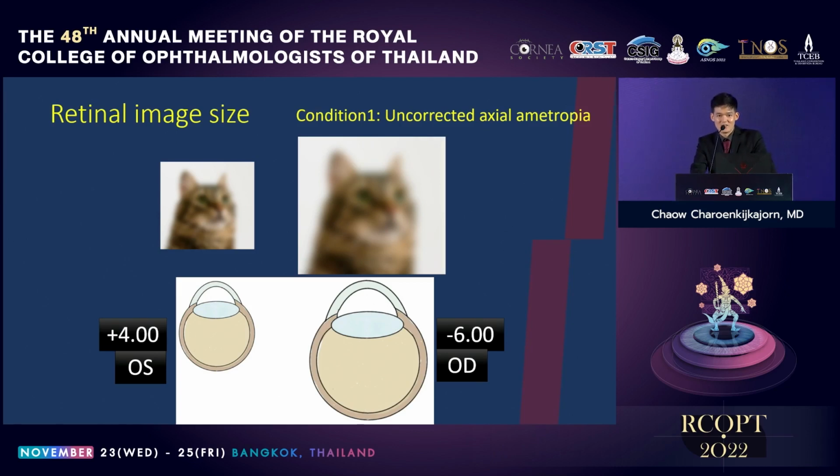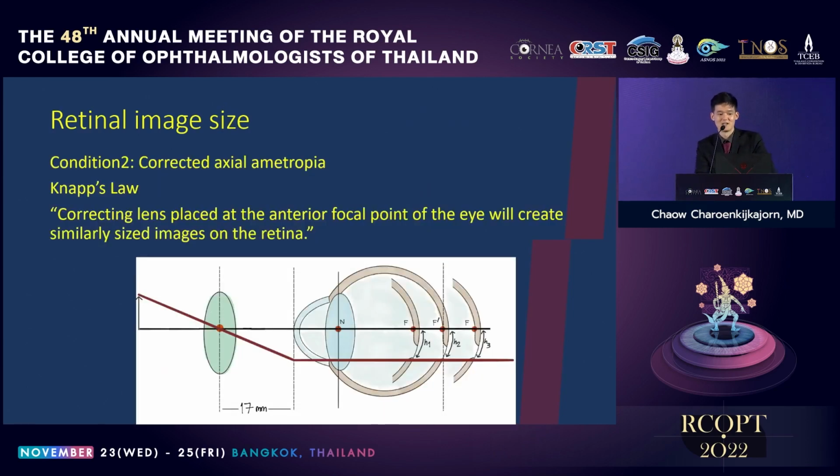Now we're going to see what happens to the retinal image size when we try to correct this with spectacles, which is condition number 2. Fortunately, there is a law some of you might be familiar with called Knapp's law.